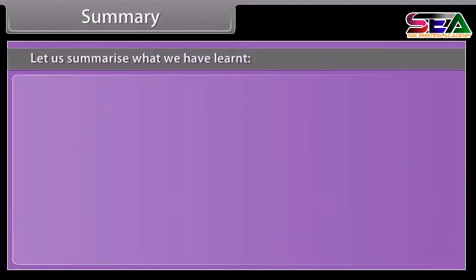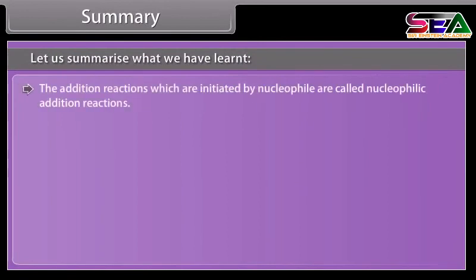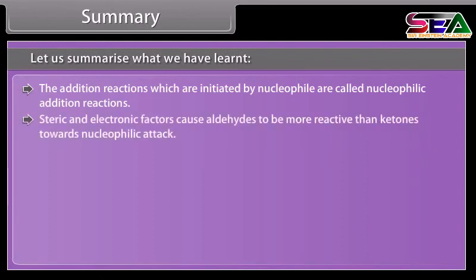Summary. Let us summarize what we have learned. The addition reactions which are initiated by nucleophile are called nucleophilic addition reactions. Steric and electronic factors cause aldehydes to be more reactive than ketones towards nucleophilic attack.